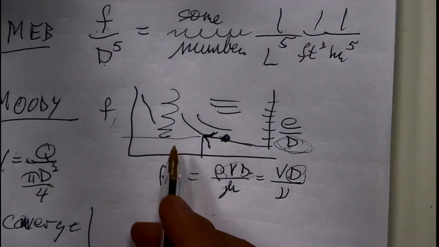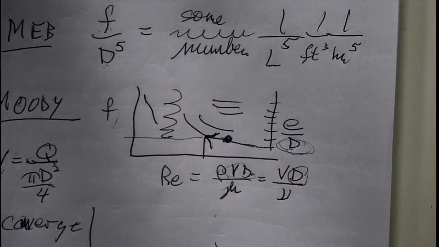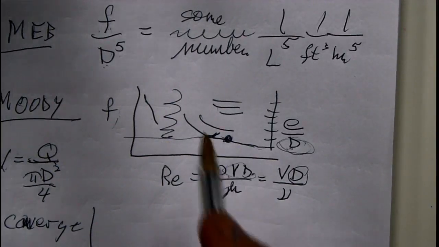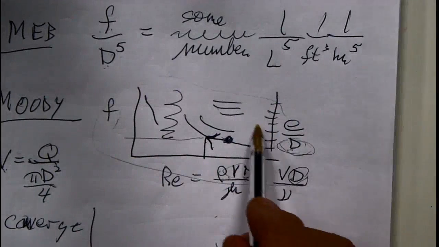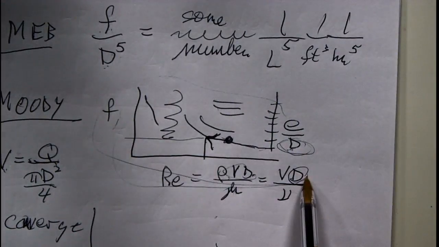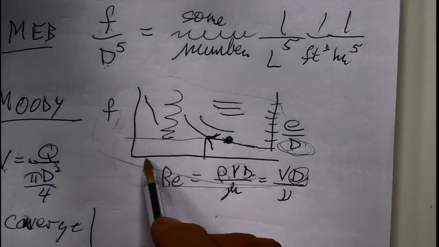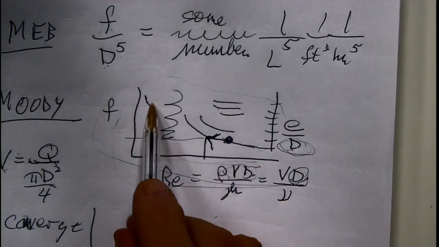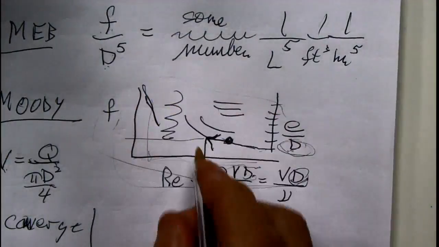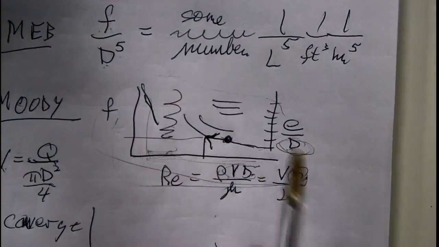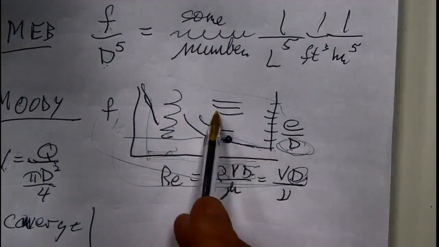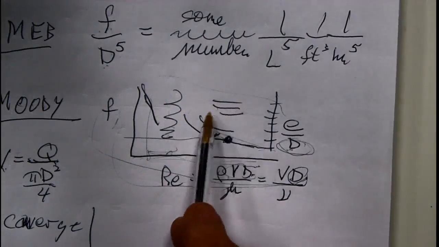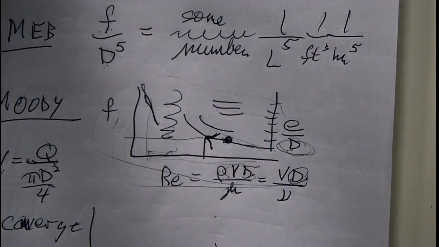See, your book tends to use equations. And you really, really need to use the chart. Because you don't know what the range of Reynolds numbers in here are. You don't know if you're in the laminar regime, you don't know if you're in the transition regime, you don't know if you're in the regime where the Reynolds number doesn't mean anything.